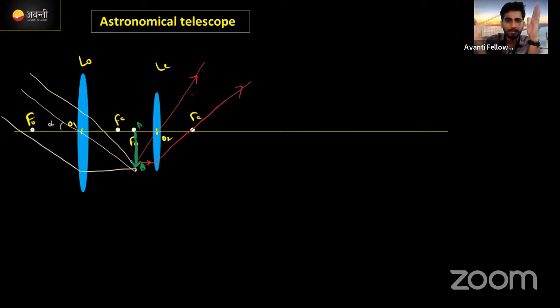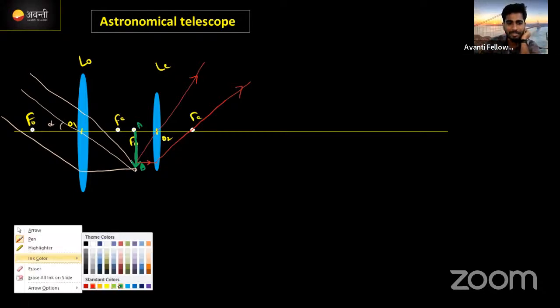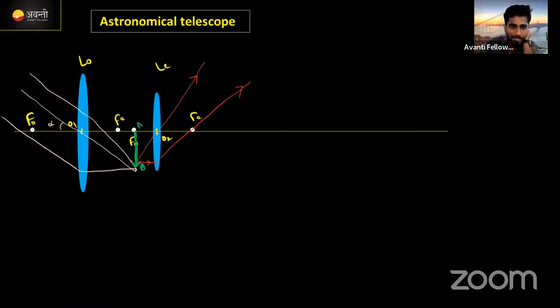Now what we need to do is extend these two refracted rays in the backward direction. By extending them like this, the image forms here. This is the point.